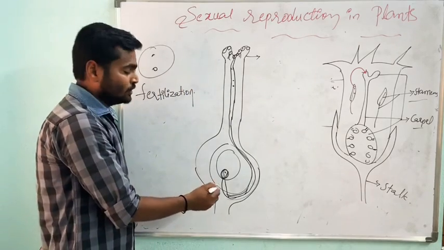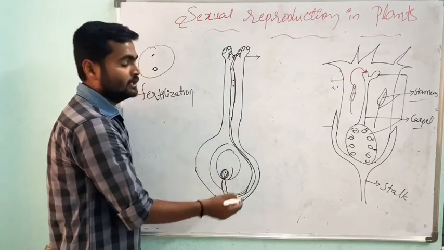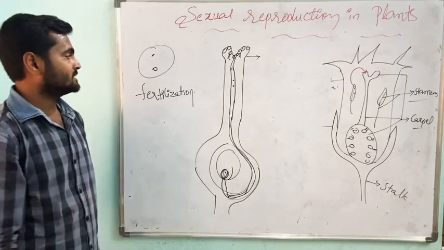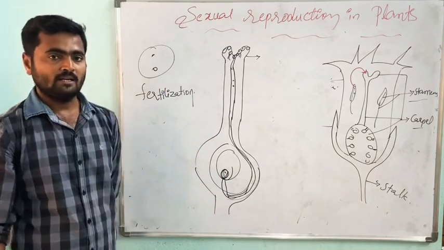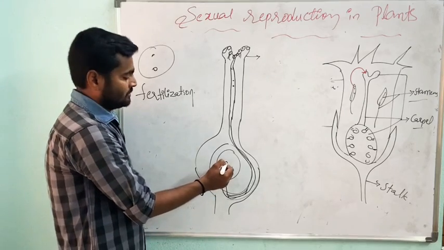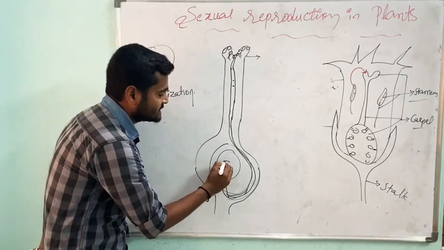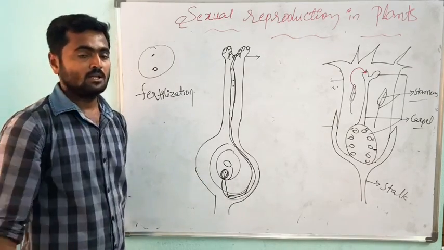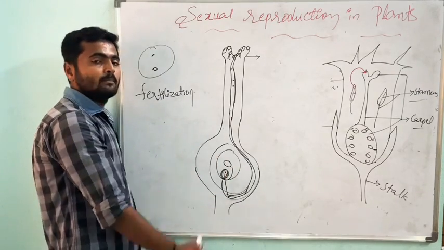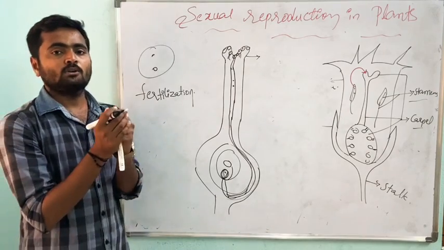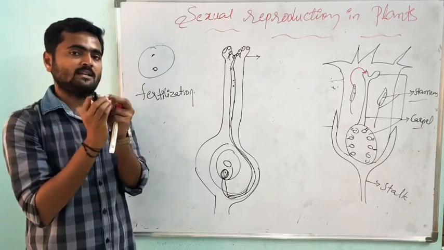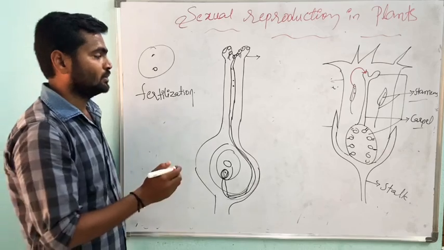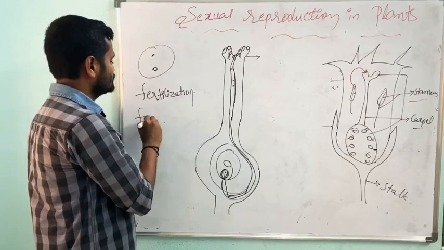Then the second male nucleus, whenever it enters the embryo sac, fuses with the polar nuclei, also called the fusion nucleus. Before mating with the male nucleus, the two polar nuclei fuse with each other and form the fusion nucleus.